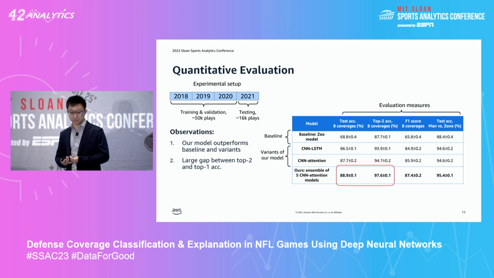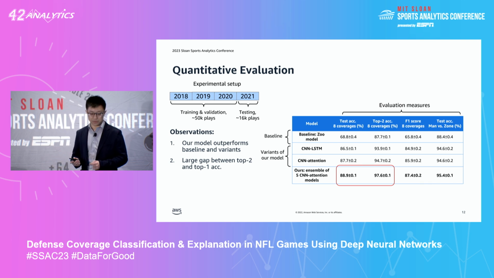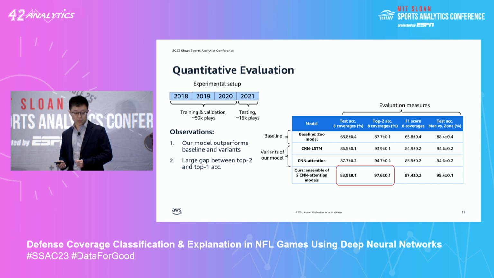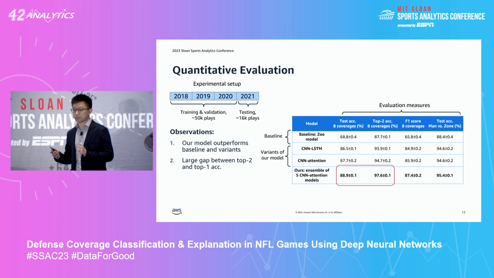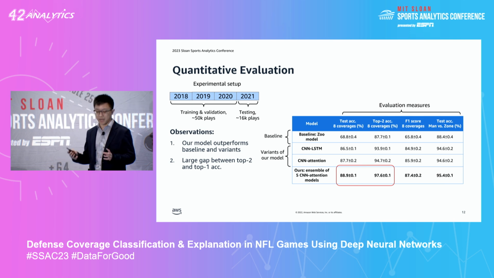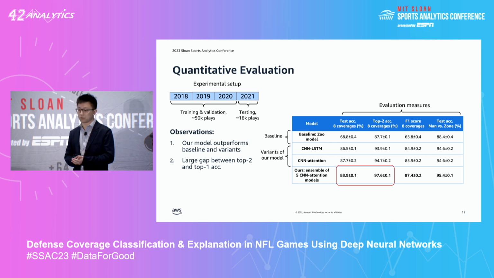This means that if the top prediction from the model is wrong, the second guess is mostly correct. This is something we found related to coverage ambiguity. Sometimes it's just really hard to assign a single label to the play. Instead, it can be a combination of multiple coverages.